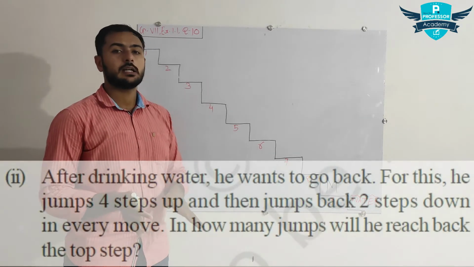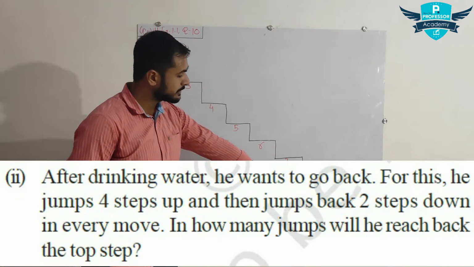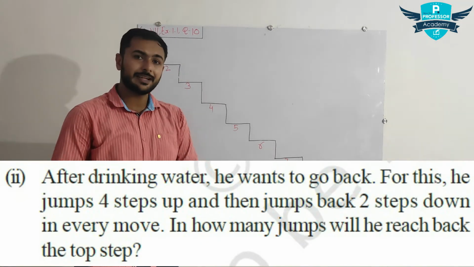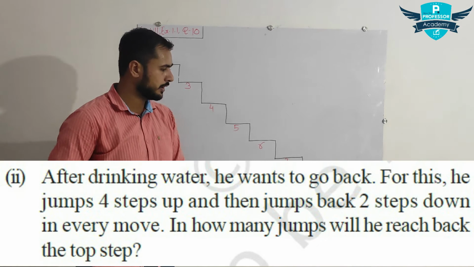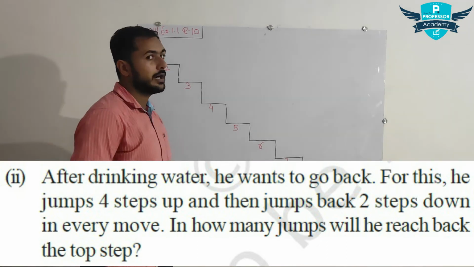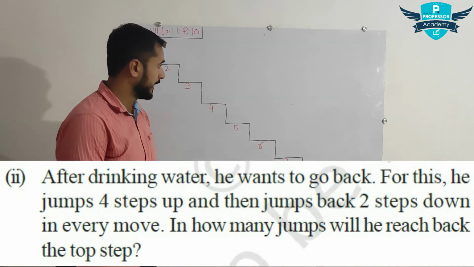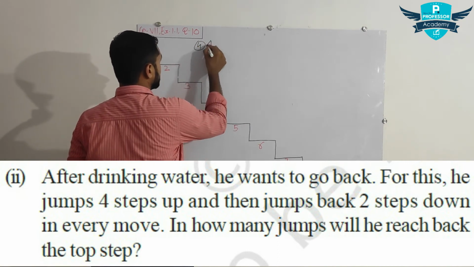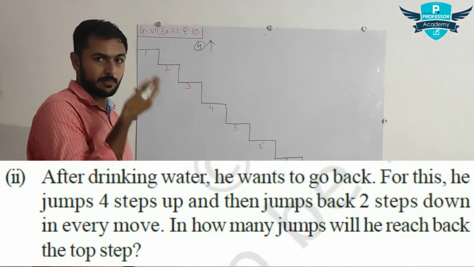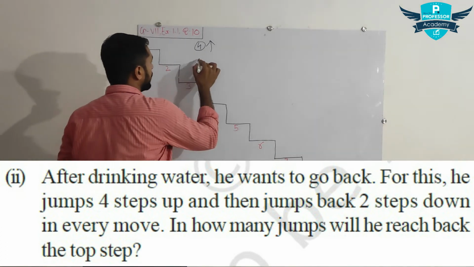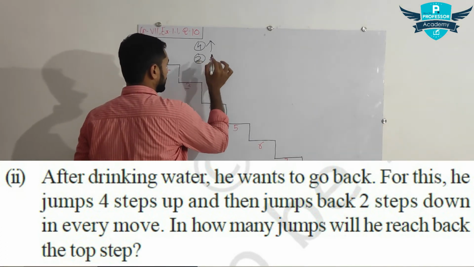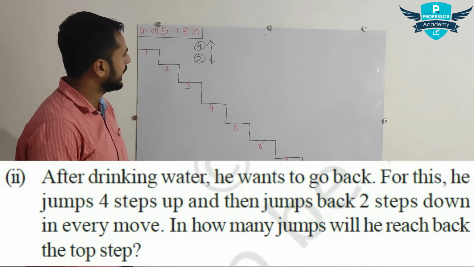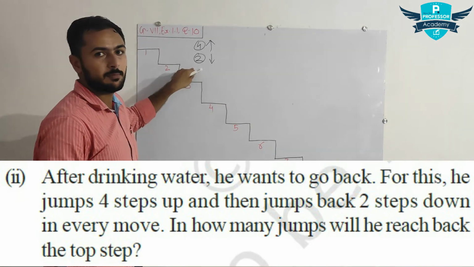Now in the second part, it's given that right now the monkey is at the water level. After drinking the water, he wants to go back. But this time what is he doing? This time he goes 4 steps upwards and 2 steps downwards. In the first jump, 4 steps upwards. Second jump, 2 steps downwards.